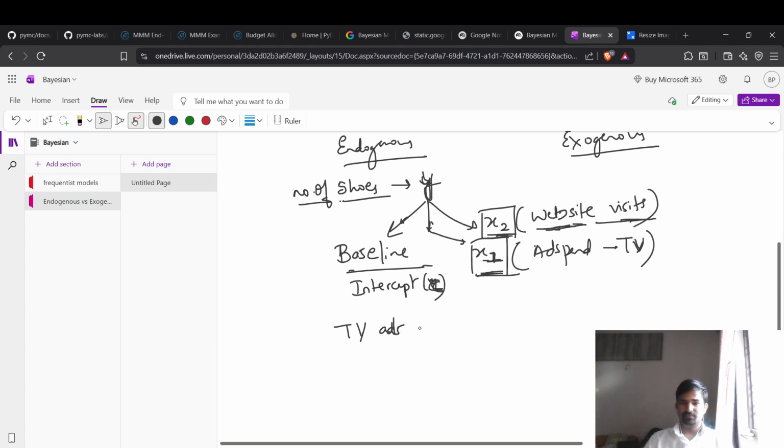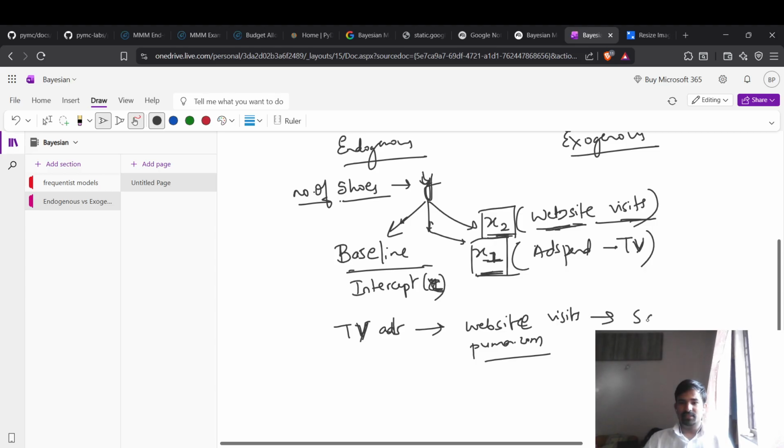There is a scenario where, if he wants to buy online, he would visit your website, for example puma.com, and then he would purchase, and then there would be a sale. So this is your x1 and this is your x2.